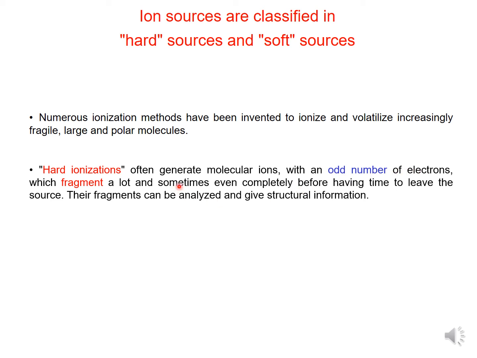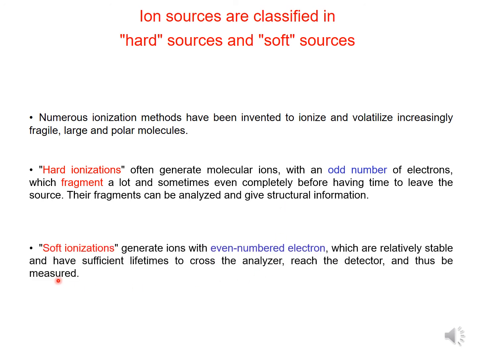It means that generally we capture or we eject an electron, and then we perform the ionization by ejection or capture of the electron. But considering that you work with this hard ion source, it is possible with these fragments to obtain good information about the structure of the molecules.